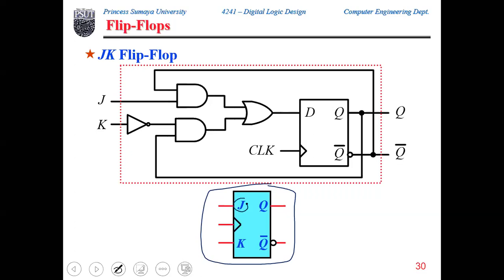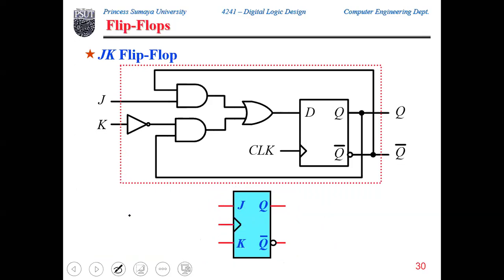It has two inputs, J and K, that are used to control the stored value when there is a rising edge. And we will see shortly what is the relation between J, K, and Q. How do the JK inputs affect the stored value when there is a rising edge on the flip-flop?